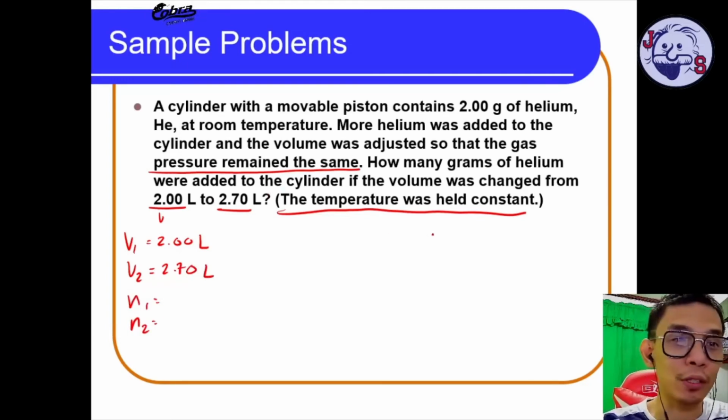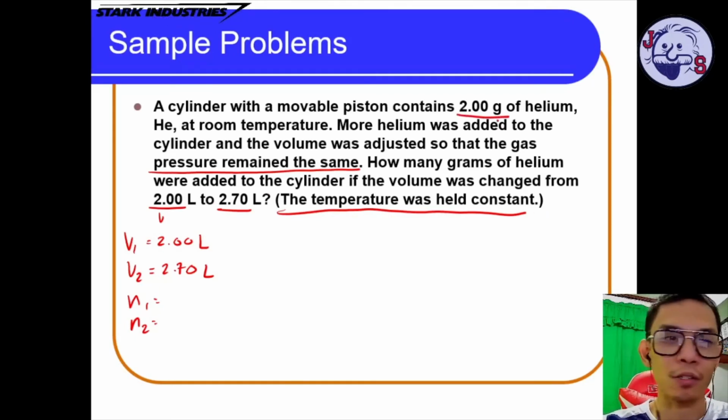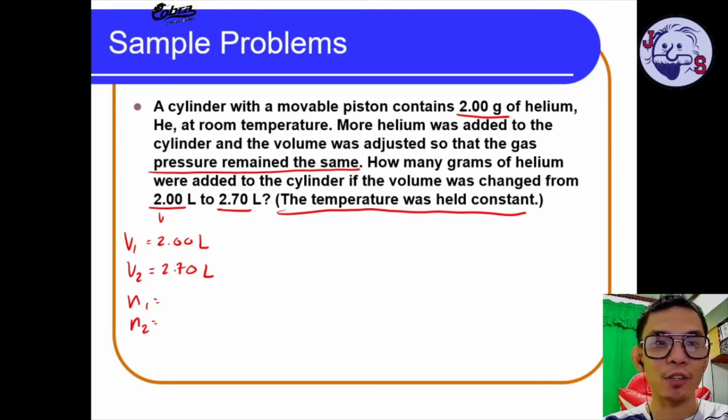In this problem we don't have Ns. As you can see, the only thing we see here is the 2 grams and nothing else. Now, what are we going to do? Is it the end of the problem? No, we still have a possible way to solve this one.